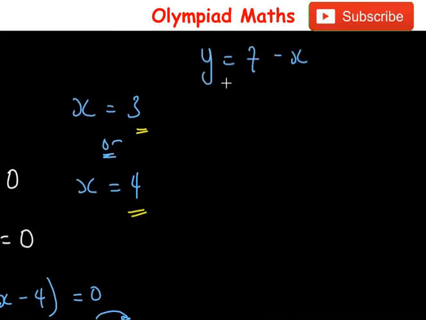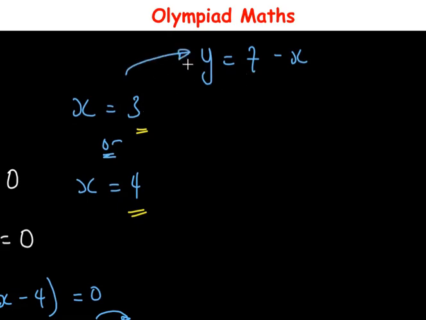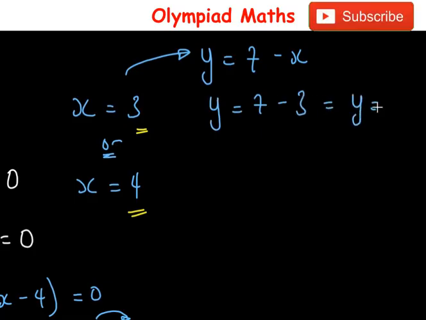To then get the value of y, input the value of x into this equation to get the respective values of y. So with this, when x is 3, y is equal to 7 minus 3, which is 4.